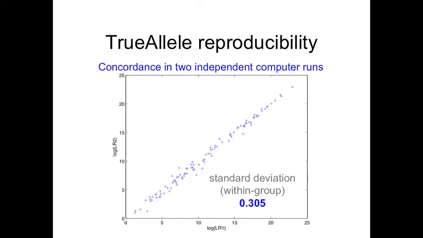And the main thing to notice is you're not seeing points very far away from that line, y equals x. They're very much concentrated on that line. And you can compute a statistic to ask what's the variation within group, and that corresponds in logarithmic units or exponents to 0.3, which is about a factor of 2. So on average, the answers are quite reproducible within a factor of 2 as a standard deviation.